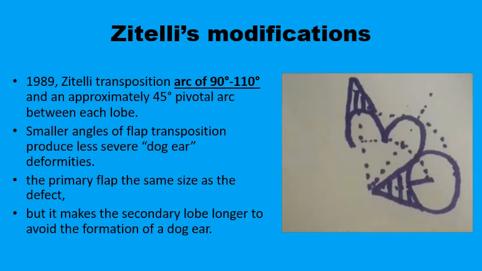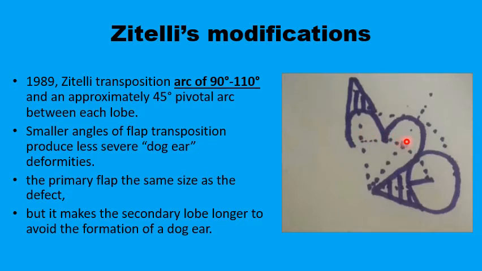Zitelli proposed to reduce the arc of rotation from 180 degrees between the primary defect and the secondary lobe to something between 90 and 110 degrees. So the arc of rotation between the defect and the first lobe is reduced to 45 degrees rather than 90, and the same applies to the angle of rotation between the first and the second lobes of the flap.